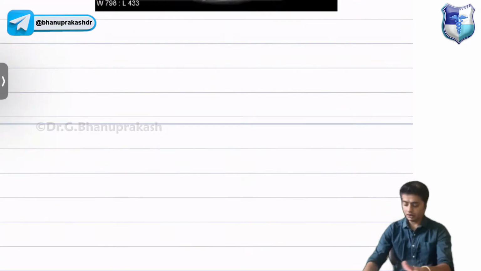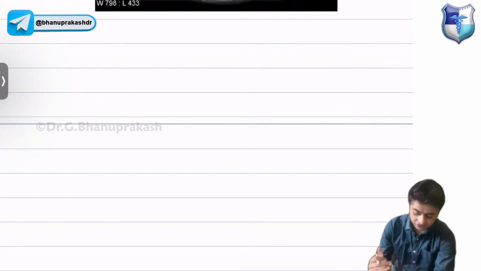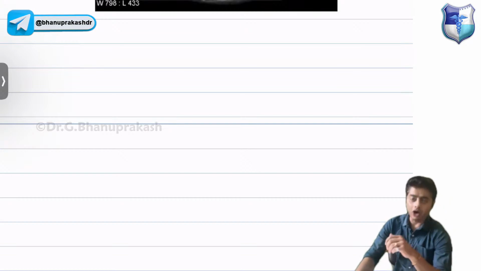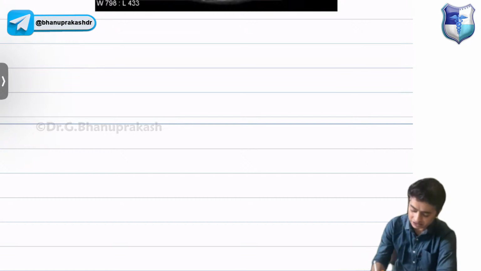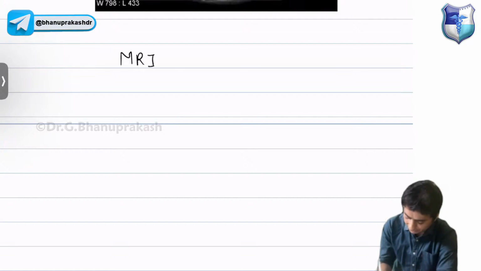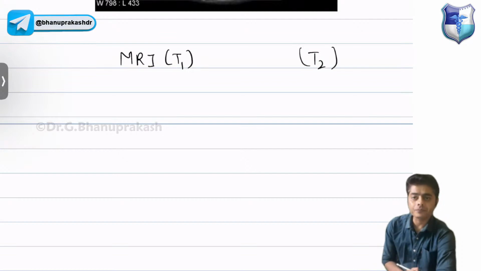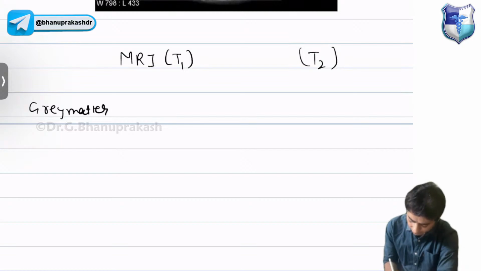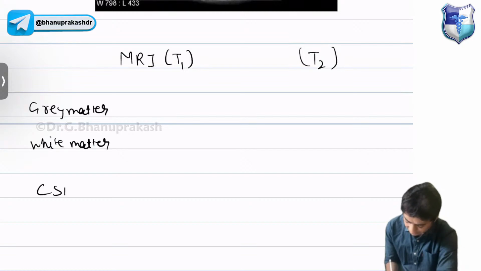Now, how will this disease come to us? What all series, like T1 or T2? So just tell me how will you distinguish between a T1 image on MRI versus a T2 image? In MRI there are two, T1 and T2. Then comes your gray matter, then your white matter, then your CSF.